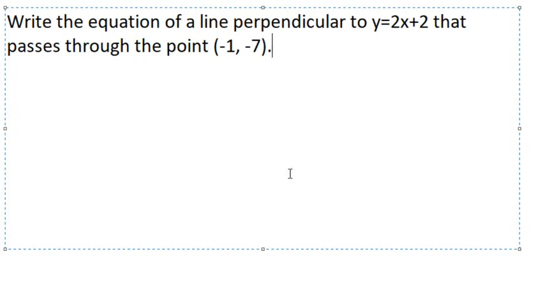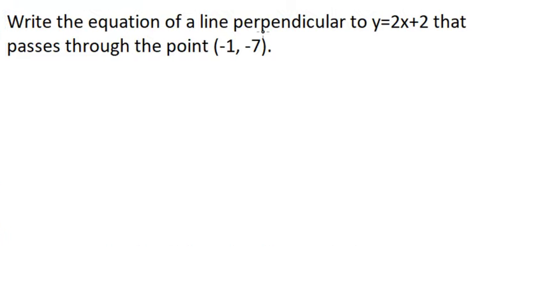So if we want to write the equation of this line, we first want to recognize that perpendicular lines have negative reciprocal slopes. If we take this equation, y is equal to 2x plus 2, we need to identify the slope.